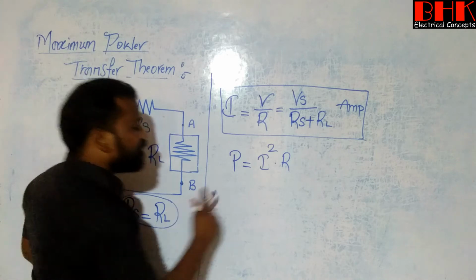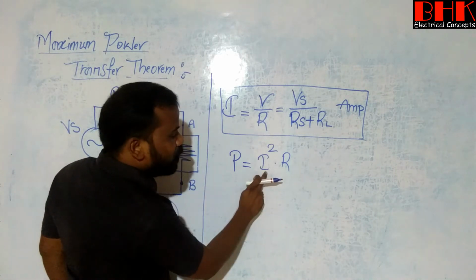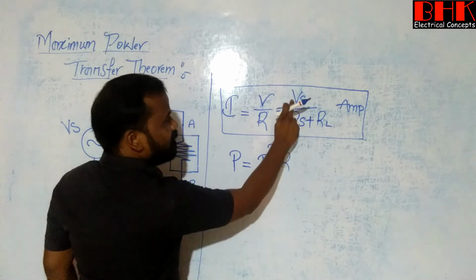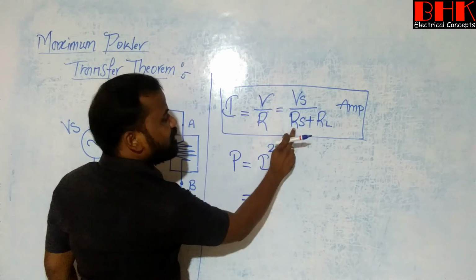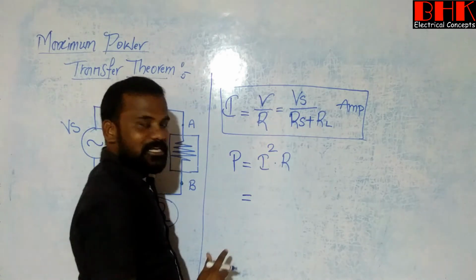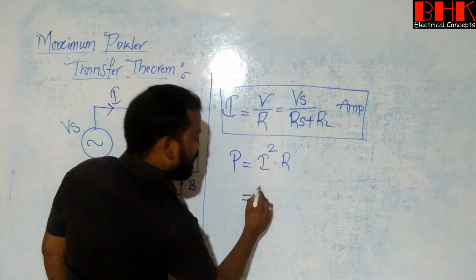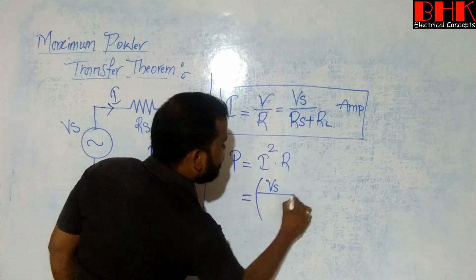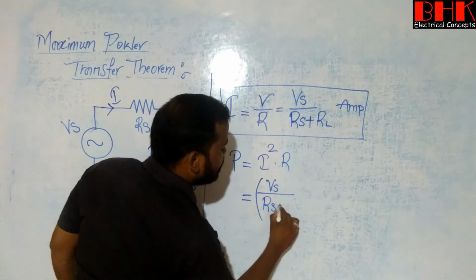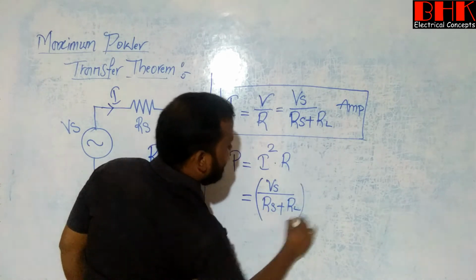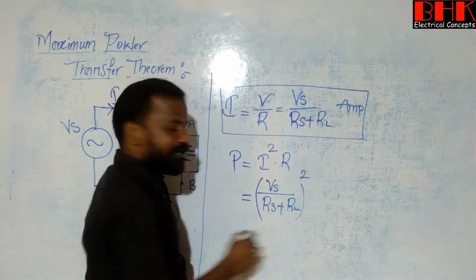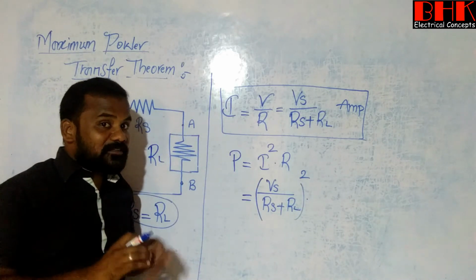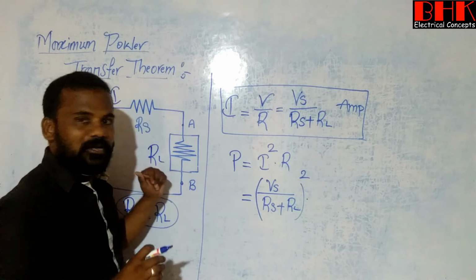We are going to substitute the value of current: instead of I, we place Vs divided by Rs plus RL. Now here I square means Vs divided by Rs plus RL whole square, into the resistance where we are going to find the power, across the load.